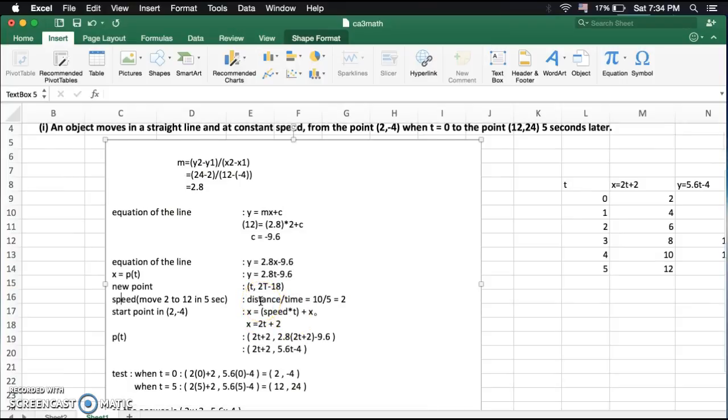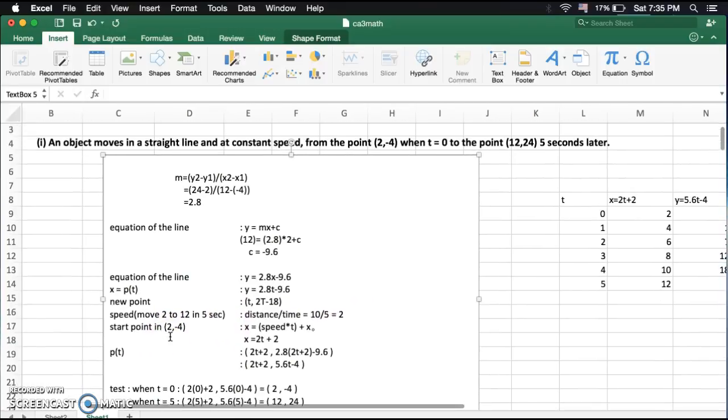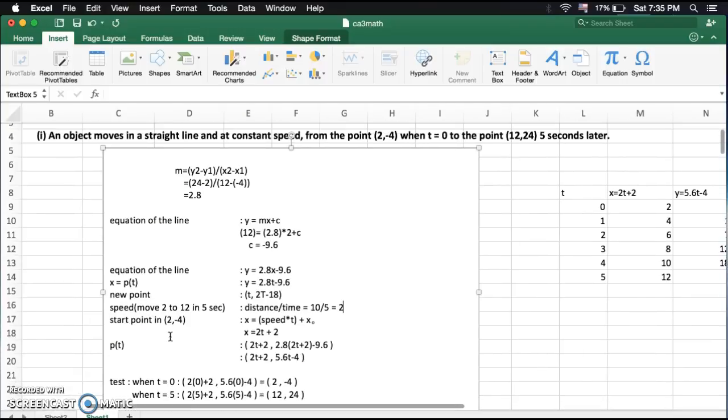To calculate the speed, we use distance divided by time, which is 10 divided by 5, so we obtain 2. The object's starting point is at x equal to 2 and y equal to negative 4.